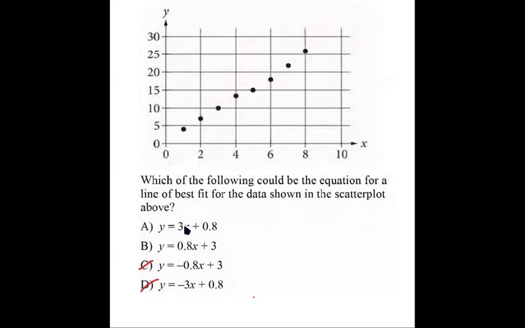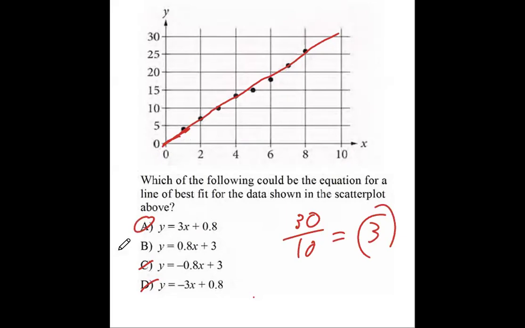And then between A and B, we can see it starts about here, and if we were to draw the line the best way, it'd be something like this. So x increases by 10, y increases by 30, so that's just 30 over 10, which is a slope of 3. So the correct answer is A, 3x.